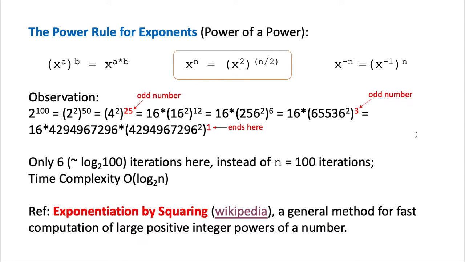In fact, this method for fast computation of large positive integer powers of a number is known as exponentiation by squaring. You may look up the Wikipedia for more details. In general, our approach is to cut the exponent by half, which greatly reduces the time complexity, while the base is becoming its square form and is quite manageable.